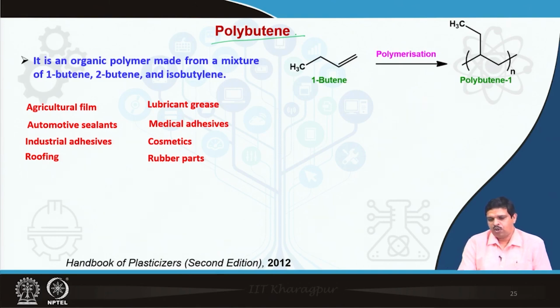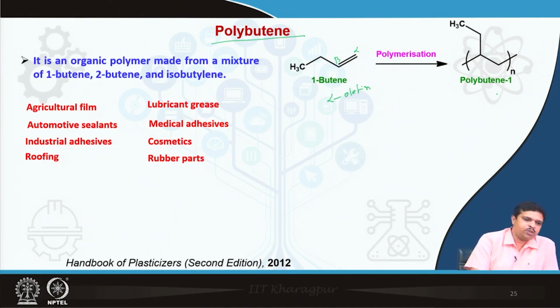Here I have shown only one butene, the alpha olefin. So, this is polymerized like that, and you will get polybutene. But if there is a mixture of butenes, you know that 3 kinds of butene are possible, depending upon the position of the double bond. So, this is one.